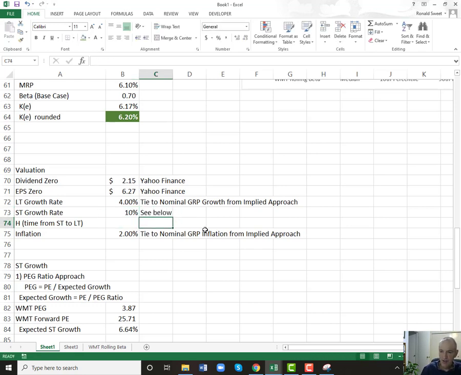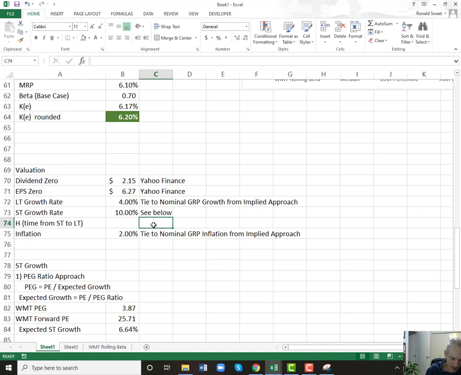and that's the H. How long would it take for Walmart to go from this 10% growth rate down to the long-term 4%? And I'm not going to make it, you know, just to warn you, 10 years is a long, long, long time. It's very hard for companies with high growth to sustain that more than 10 years.